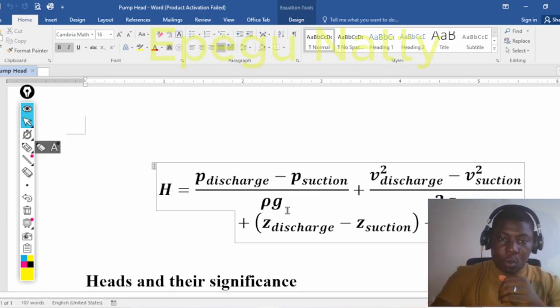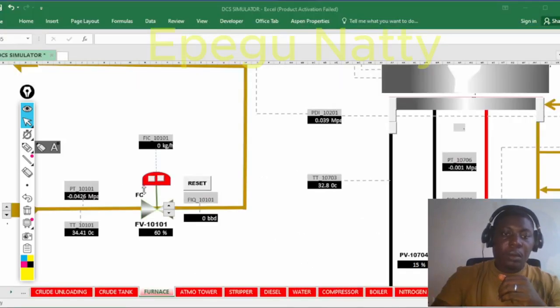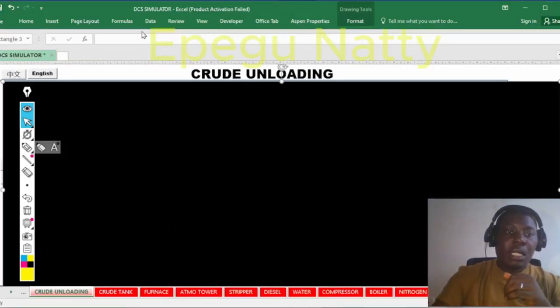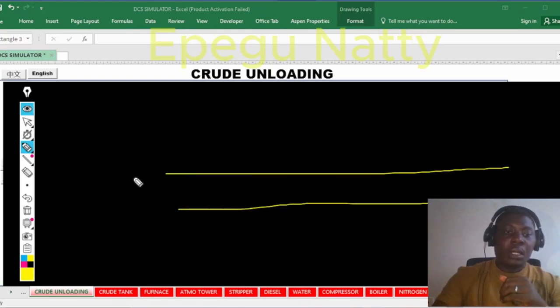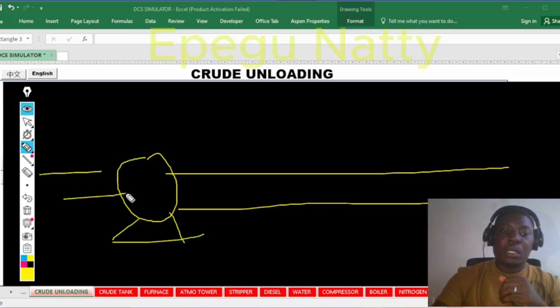Okay, so let me just go here. Let's say we have a pipe, right? This is our pump here. This is our suction part. Now we have a control valve here. Let's just use this as a control valve. So this is our control valve.